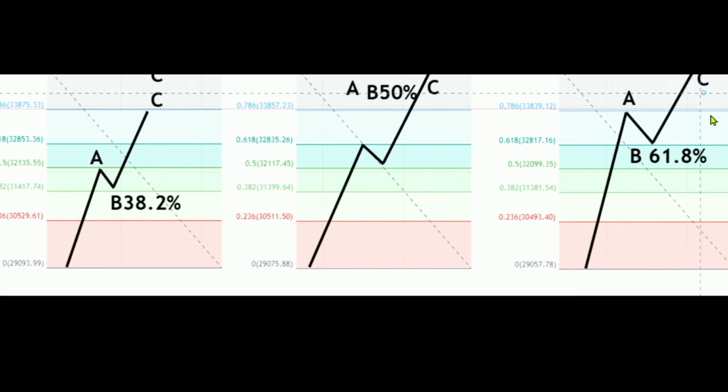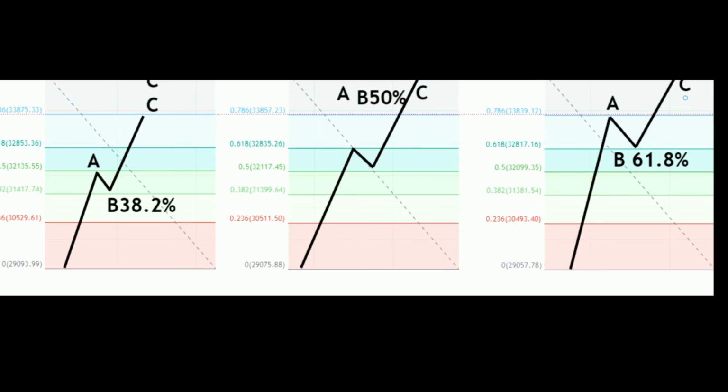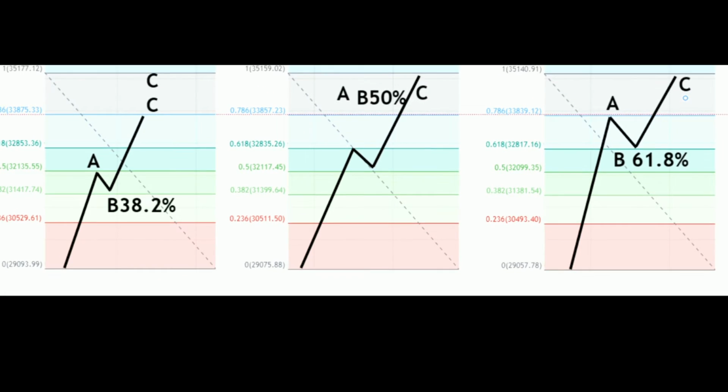A number divided by the next highest number approximates 0.6180. 13 divided by 21 equals 0.6190. 21 divided by 34 equals 0.6176. 34 divided by 55 is equal to 0.6181. 55 divided by 89 equals 0.6179, and so on. The approximation approaches 0.6180 as the numbers increase. This is the basis for the 61.8% retracement.